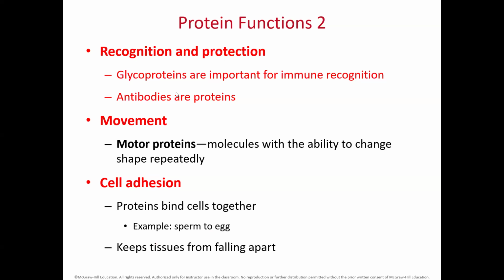Antibodies are also proteins produced by our white blood cells to protect ourselves from foreign pathogens, including viruses and bacteria. We also have proteins that are important for movement. They allow us to change either the shape of the cell or move something over the cell. Proteins also allow us to adhere to each other, so then the cell doesn't get ripped apart from its neighboring cells.